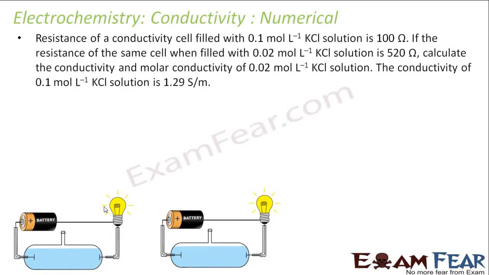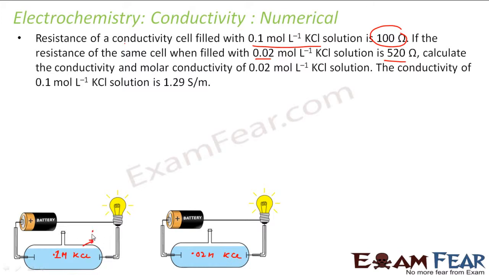Now we'll take some numerical. The question says the resistance of a conductivity cell, this is my conductivity cell, filled with 0.1 molar KCl is 100 ohms. If the resistance of the same cell filled with 0.02 molar KCl is 520 ohms, that is, let's suppose this is 0.1 molar KCl and this is 0.02 molar KCl, right?